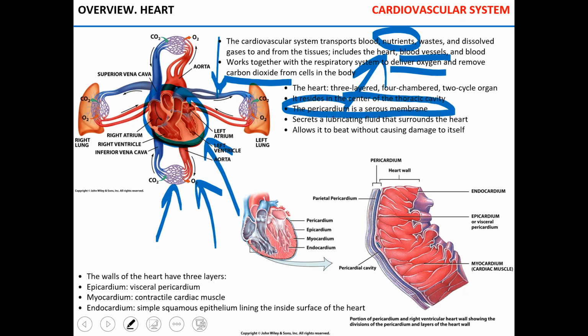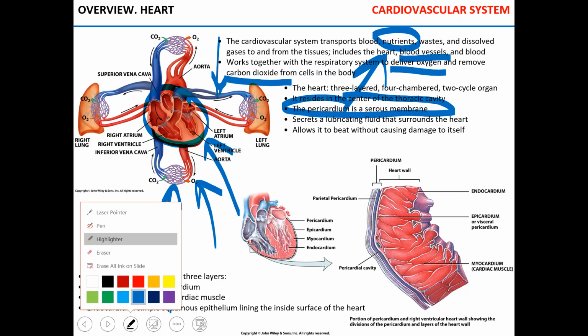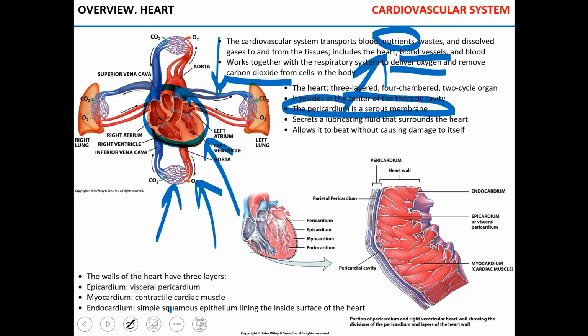So the walls of pericardial cavity are covered by the parietal pericardium. You can see parietal pericardium right here.